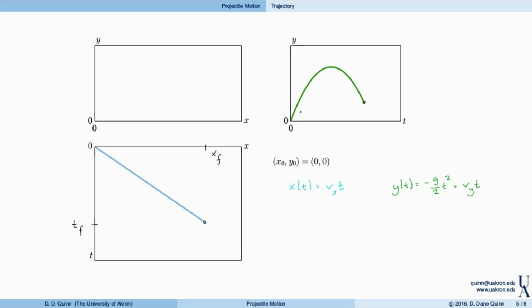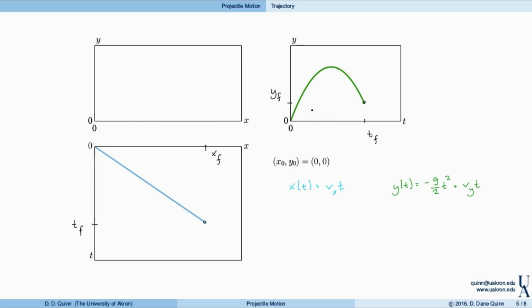And this is parabolic because the motion has a term that looks like t squared. And here, again, let's assume that the final time is there, and then we might have a final displacement of the particle given by this height. Notice that this final time in the x versus t plot must be the same as this final time in the y versus t plot.